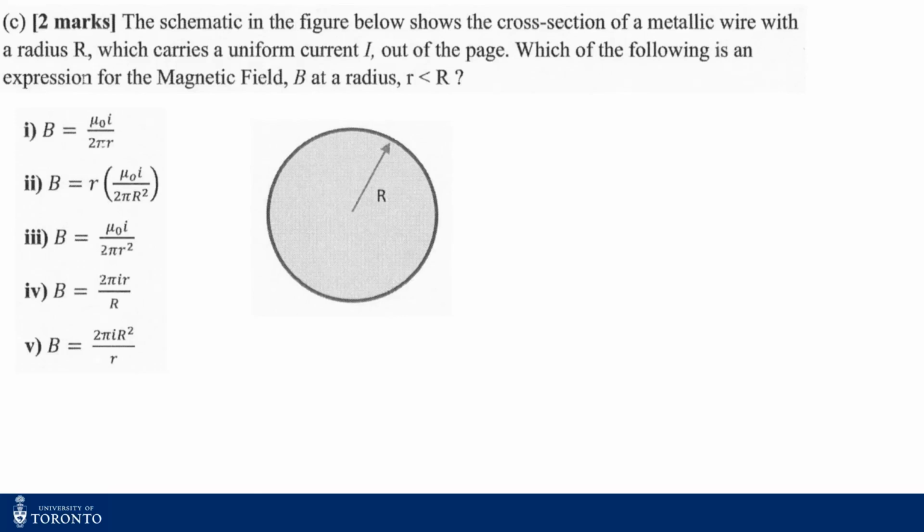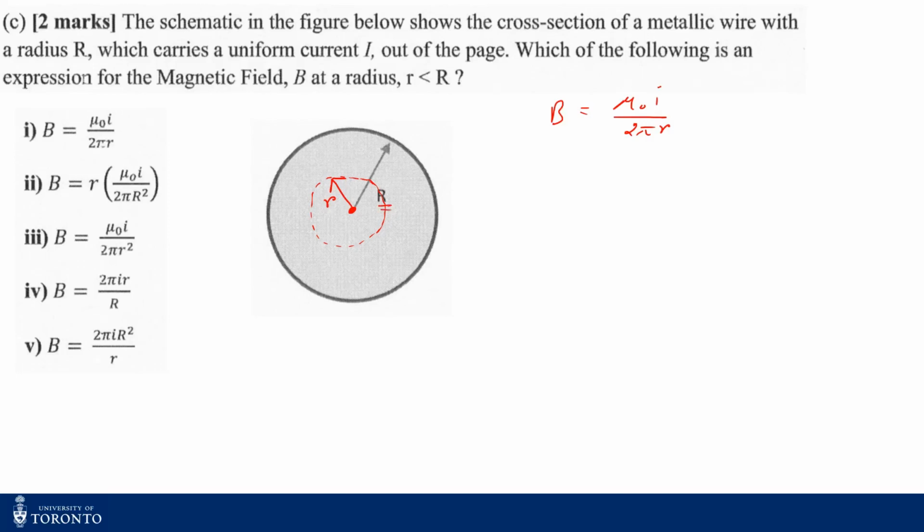We know the expression for the magnetic field of a current-carrying wire is this one. But in this case, you are looking for a portion of the wire, not the entire one, but a portion with radius r. Remember, the total current flowing in this wire with radius capital R is I.